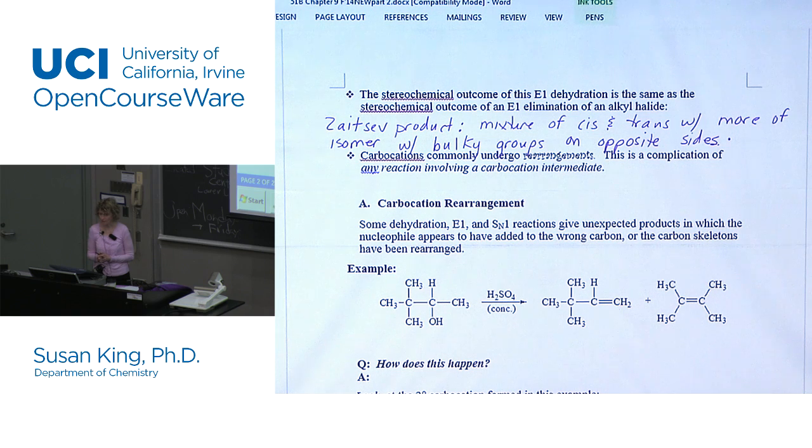One of the things that they do is they do rearrangements. So that means when you go back and you work problems in chapter 7 and 8, there's actually extra products that weren't accounted for that actually do form in those reactions. And really, any time we form a carbocation, we can get rearrangements. So first of all, I want to talk to you about what a rearrangement is, and then we'll talk about when we'll see rearrangements.